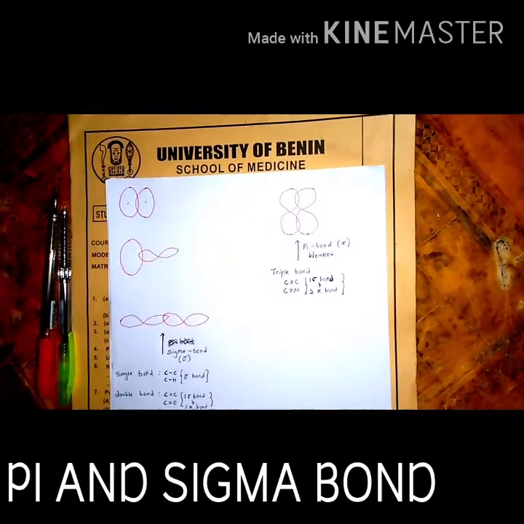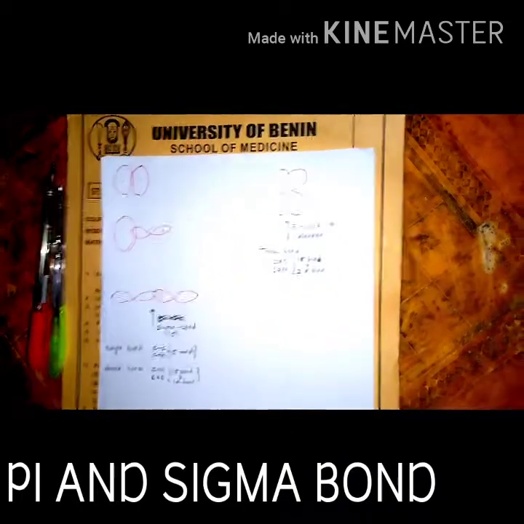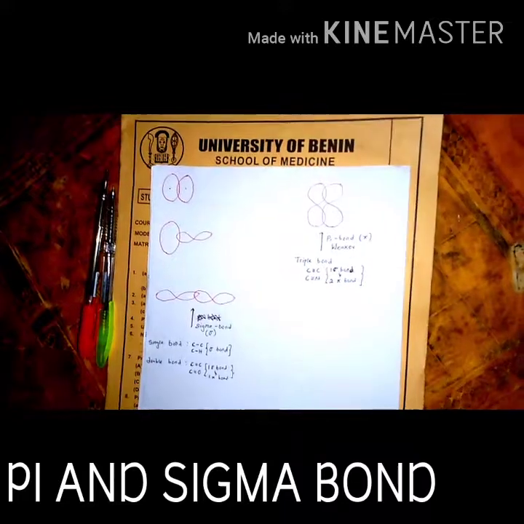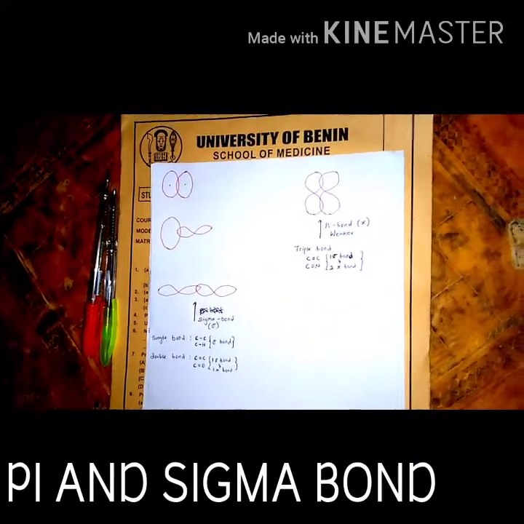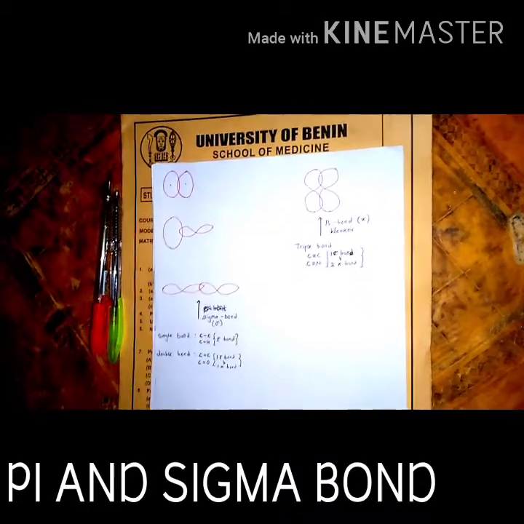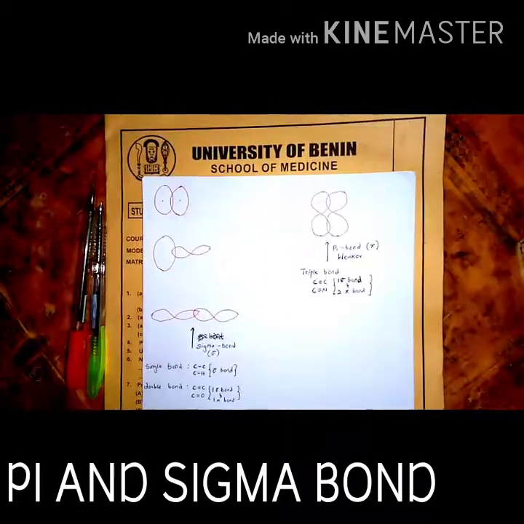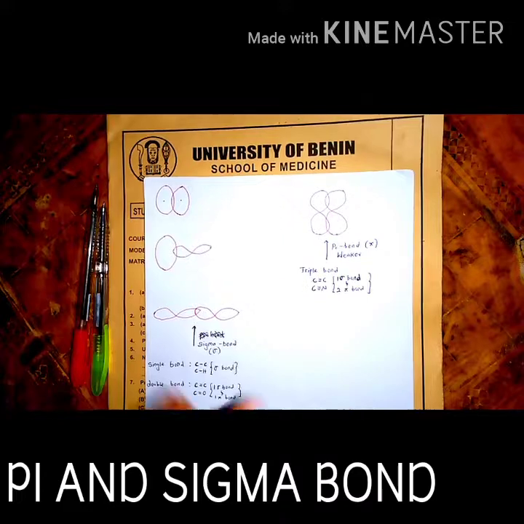Now let's see some tricks, or some easy methods, that we can use to determine the number of pi bonds and sigma bonds in a compound, be it saturated or unsaturated. Okay, let's forge ahead.